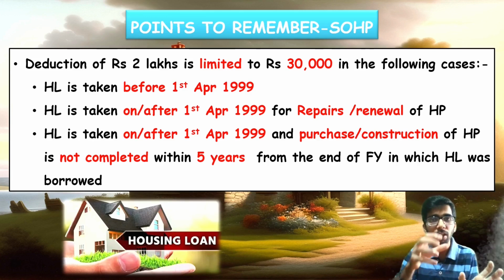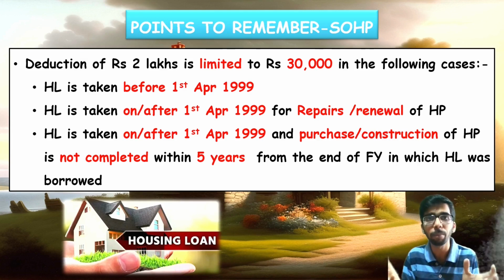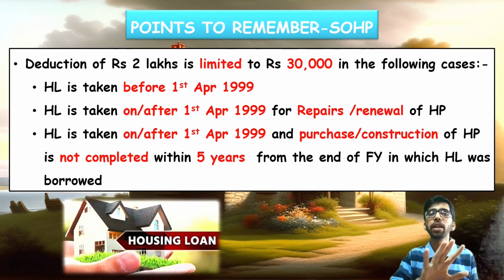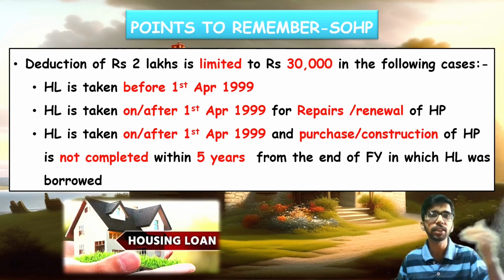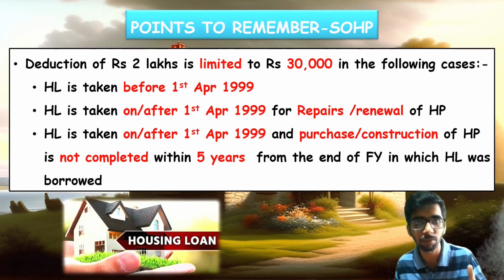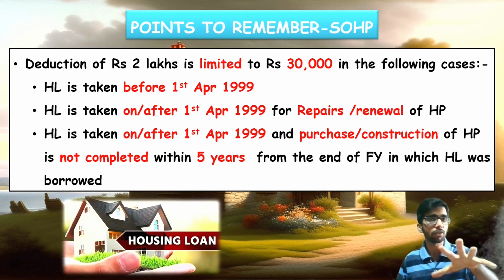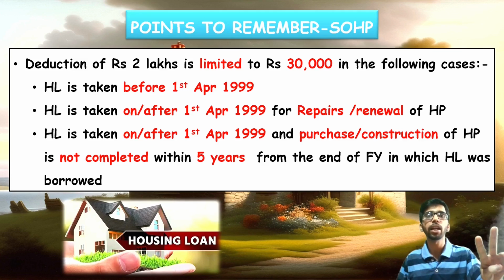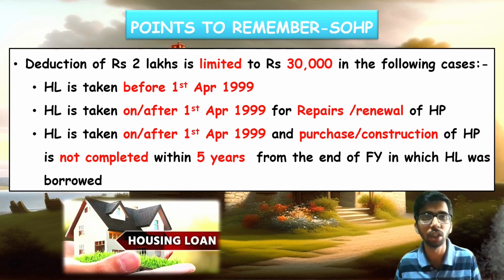If you have not constructed your house property within the stipulated period, then instead of the 2 lakh limit, your limit is restricted to 30,000. In these three circumstances, especially in case of self-occupied house property, that 2 lakh limit is restricted to 30,000 as interest on housing loan.